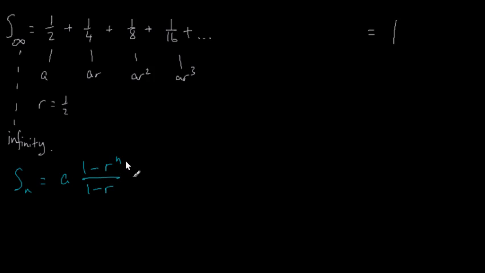Imagine r to a power that is extremely large. If I put a number r to the power of a number that's extremely large, shouldn't I get an answer that's also extremely large?